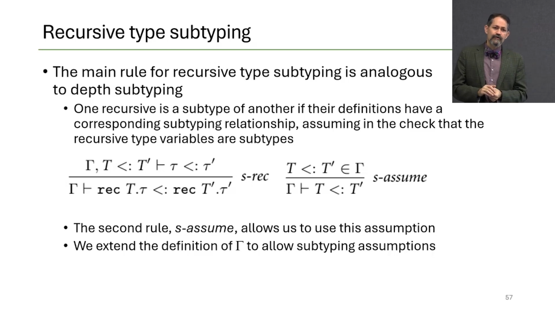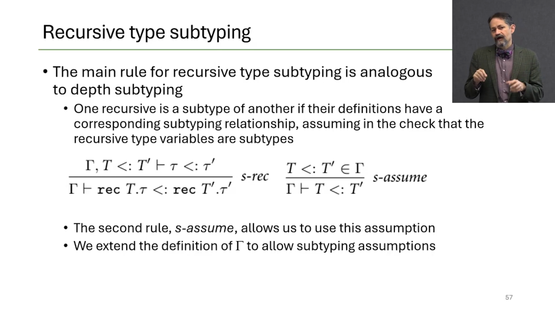And so what we do is we say, okay, we're not going to substitute in the recursive type when we compare the contents on the right. We'll just leave the names in, but we'll keep track in our typing environment gamma of the fact that we're just going to assume that T is a subtype of T prime, okay? Now, that may not be true in general, but if our application of SREC works out, then it will be true.